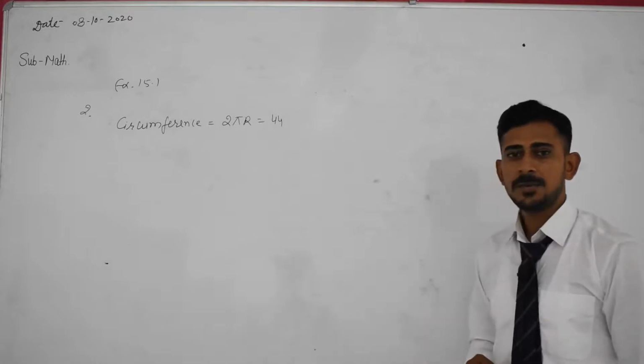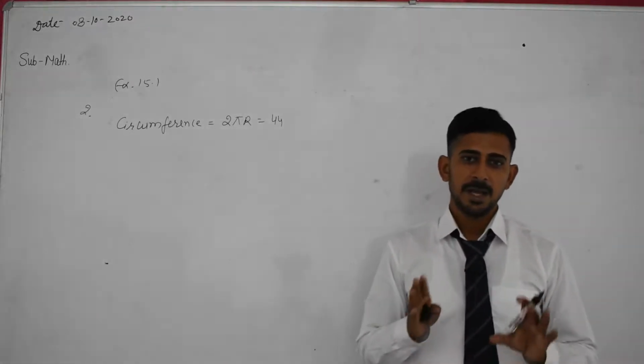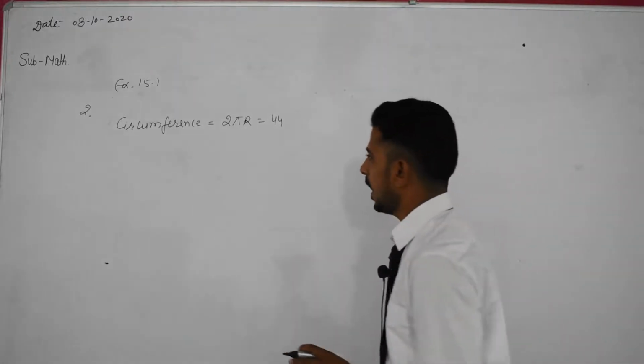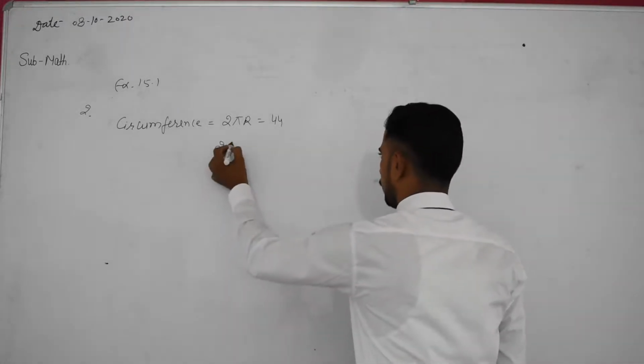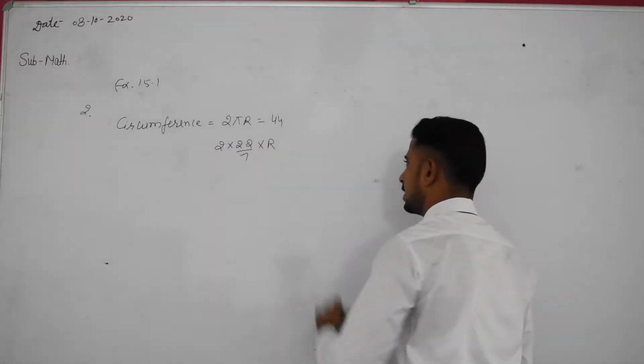It means if we want the area of circle, then first find the radius of circle. 2 pi r is equal to 44, then 2 into pi means 22 upon 7 and radius r.